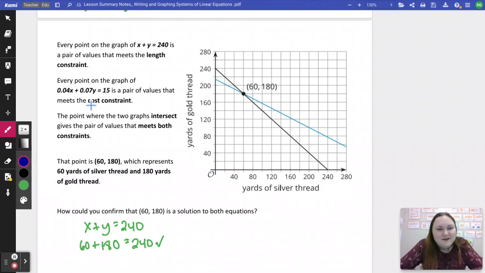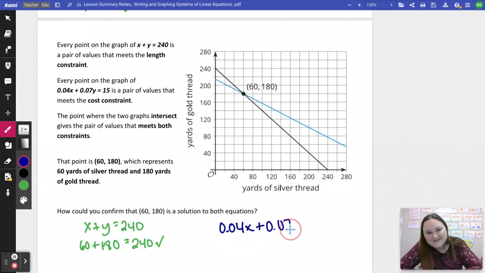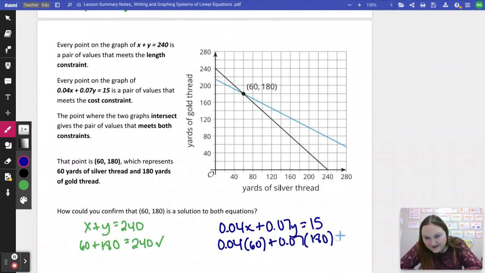I could do the same thing with our cost constraint. So this equation from earlier represents that cost constraint. 0.04x plus 0.07y equals 15. If I substitute my pair of numbers into this equation, 0.04 times 60 plus 0.07 times 180 equals 15.